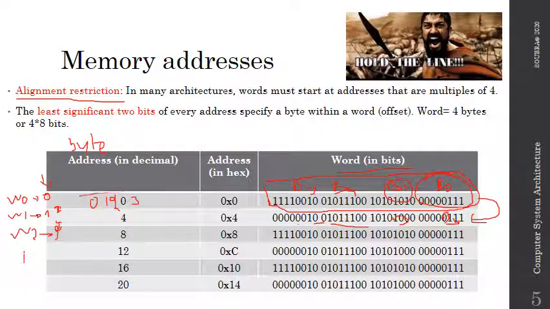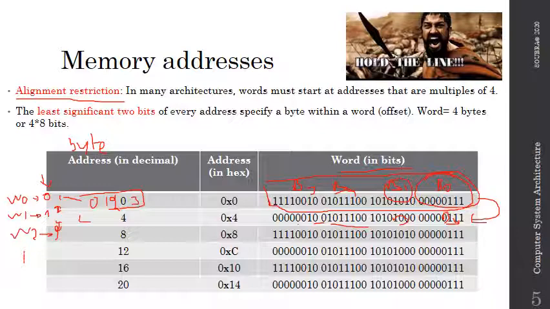Now all these bytes are in word 0, so they belong to the word with address 0. Now for the word with address number 1, it contains bytes 4, 5, 6, and 7. So you can notice that the very first byte here is byte number 4.